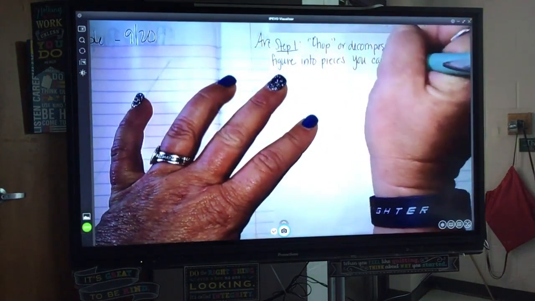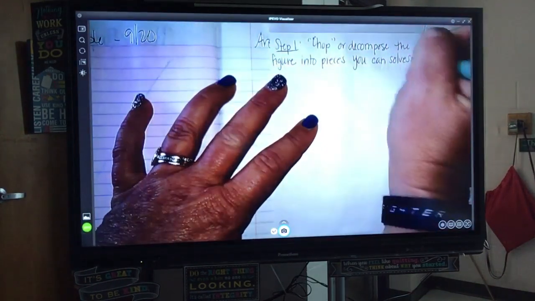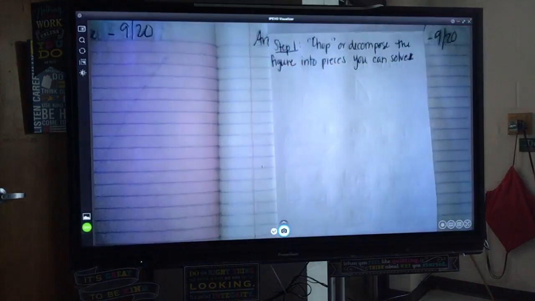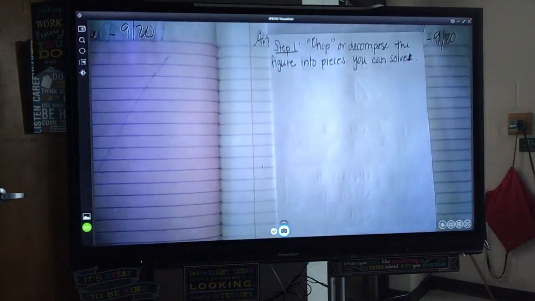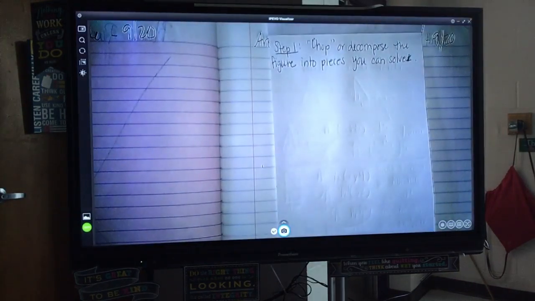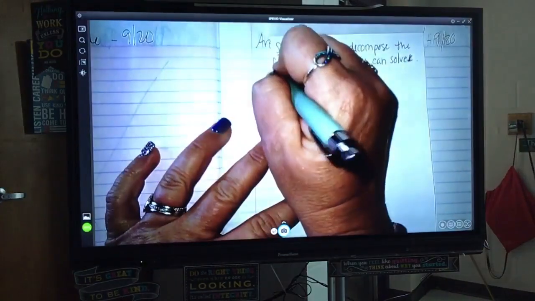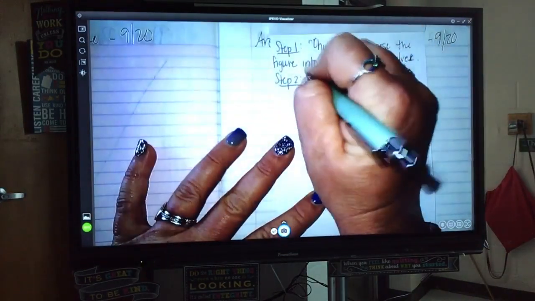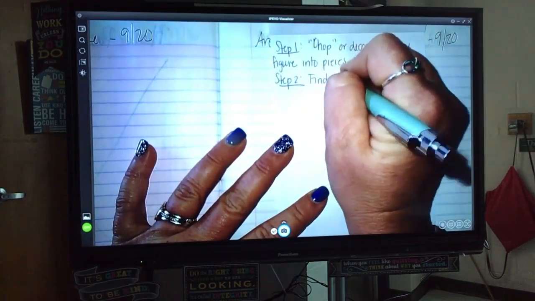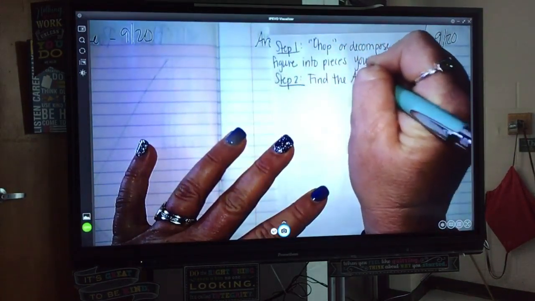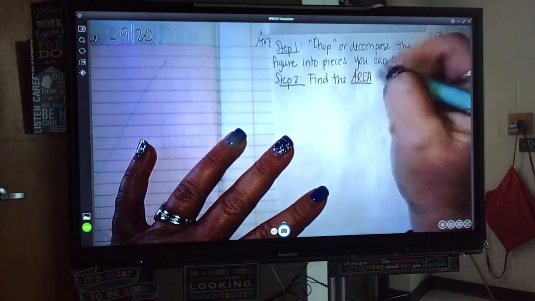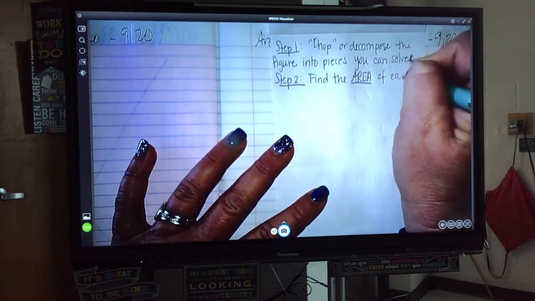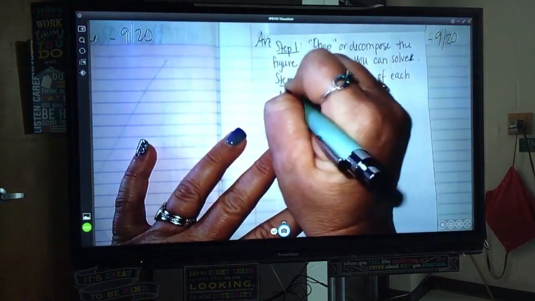So this is where the multiple formulas come in. It could be triangles, squares, rectangles, trapezoids. It depends on what the irregular shape is. Step 2: you are going to find the area of each new shape.